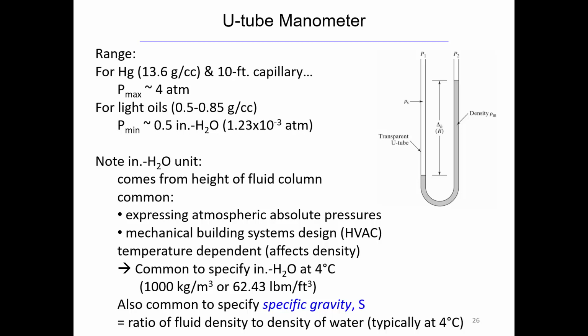And like I said, when we're looking at the applications, it's common in mechanical building systems design, or HVAC. As you know, density is temperature dependent, so temperature will affect this. Therefore, it's common to specify inches of water at 4 degrees Celsius. The reason 4 degrees Celsius is chosen is because at that temperature, water is exactly 1,000 kilograms per meter cubed.